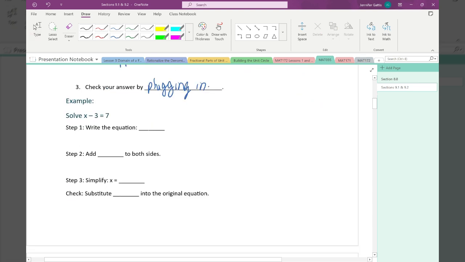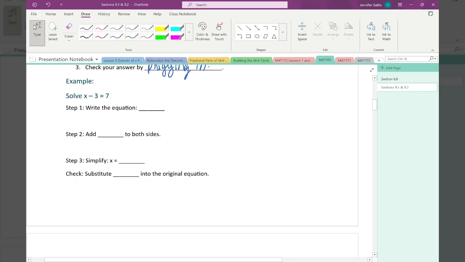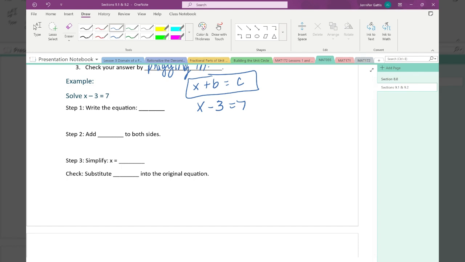All right. So let's take a look at our first example here. First example, x minus 3 equals 7. So the first thing that we want to do is write our equation. X minus 3 equals 7. Okay? And remember, this is in the form x plus b equals c, right? So remember that our first step is to combine like terms on both sides. Well, that's already done. We really don't need to do anything there. And then the second step is to add the opposite of b to both sides.